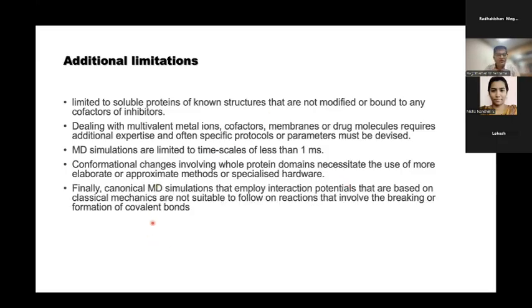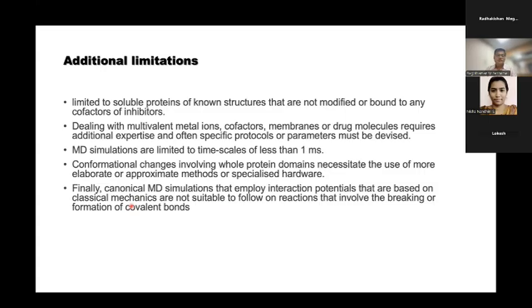Now, what I talked about, classical mechanics or the MD simulation, which we call canonical MD, involve potentials that are based on classical mechanics, which do not allow breaking or formation of covalent bonds. That is allowed in statistical mechanics and quantum mechanics. Those simulations cannot be done for macromolecules.